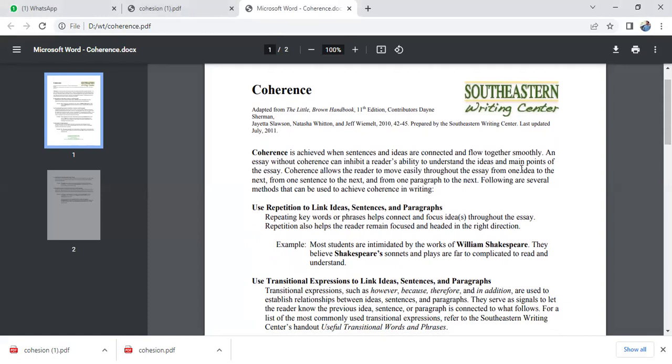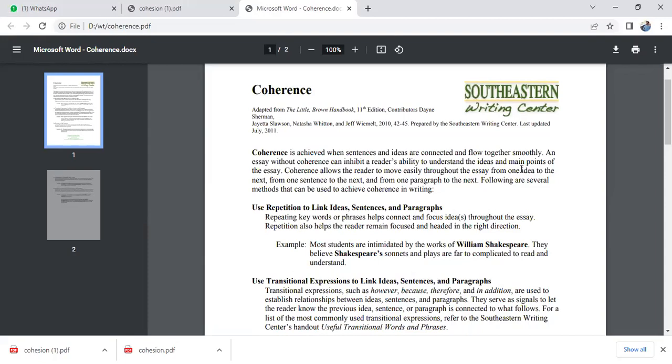Remember, if you want to bring unity in your writing, you must bring connection between the ideas. And how will you bring connection between your ideas? You will bring connection between your sentences, your phrases, the words and the paragraphs.